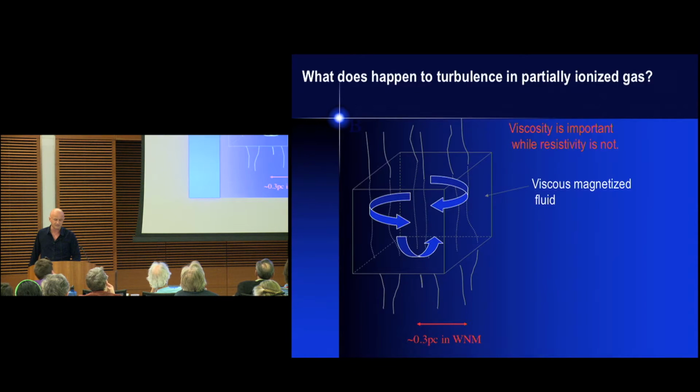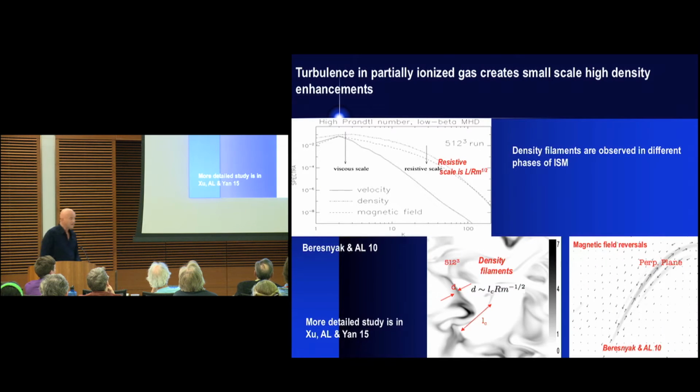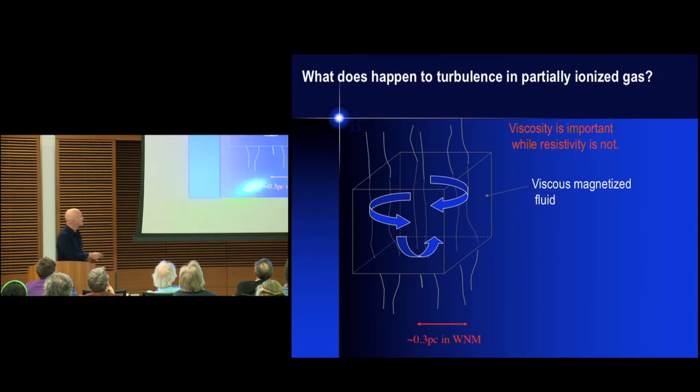field, as we discussed. Let me just go to the final transparencies of my talk and talk about the current sheets. In partially ionized gas we are creating them on substantial scales. On these scales, for example, 0.3 parsecs in warm neutral media.